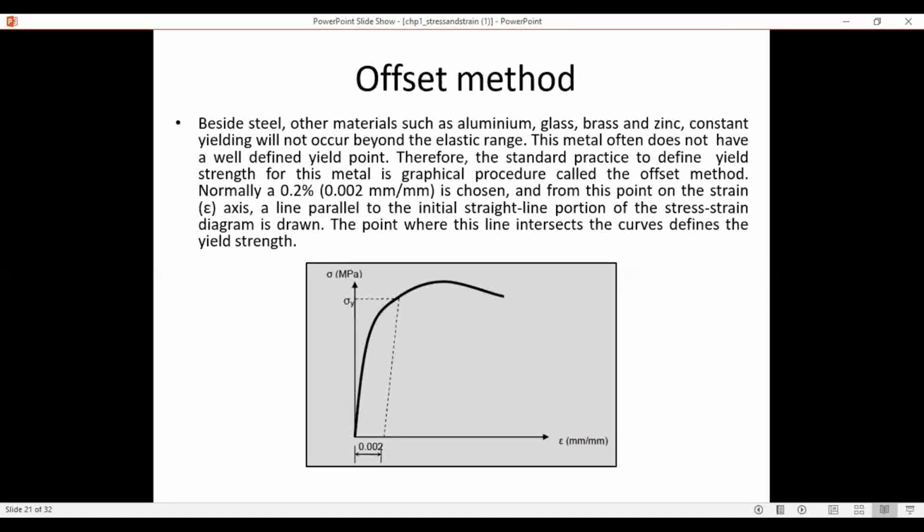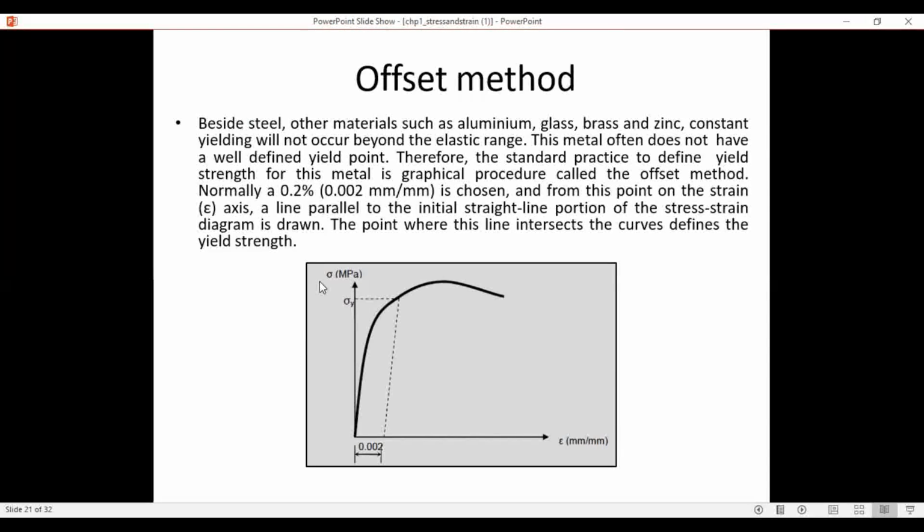Therefore, the standard practice to define yield strength for such metal is a graphical procedure called the offset method. Normally, a strain of 0.2% or 0.002 mm/mm is chosen on the strain axis, and a line is drawn parallel to the initial straight line portion of the stress strain diagram.